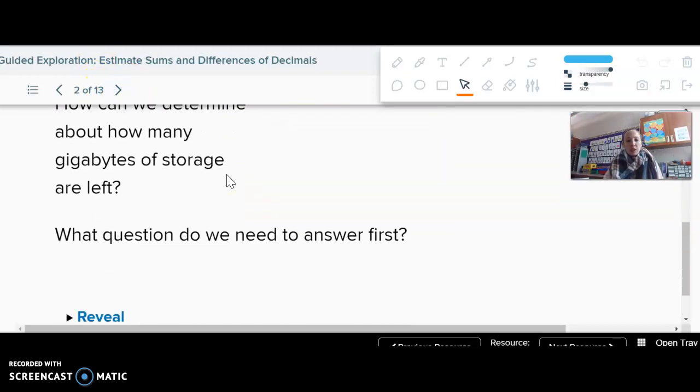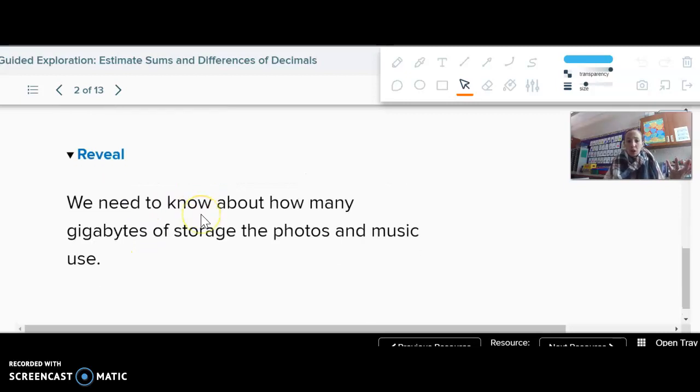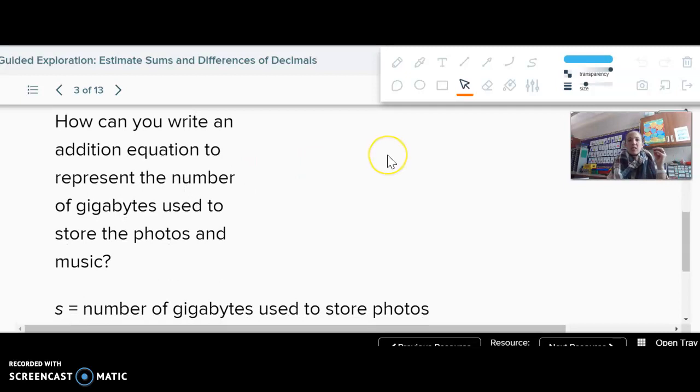So if we think about what question we need to answer first, well, we need to know about how many gigabytes of storage the photos and the music use together before I can figure out how much is left. So how could we write an addition equation to represent the number?